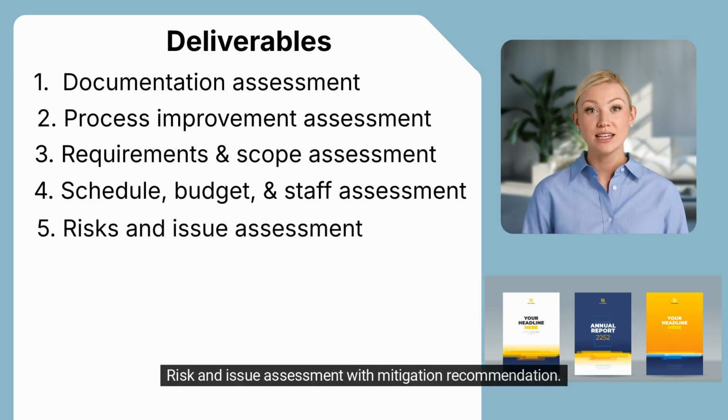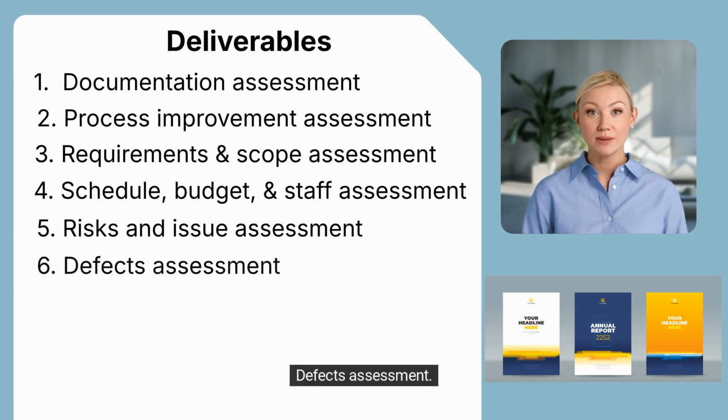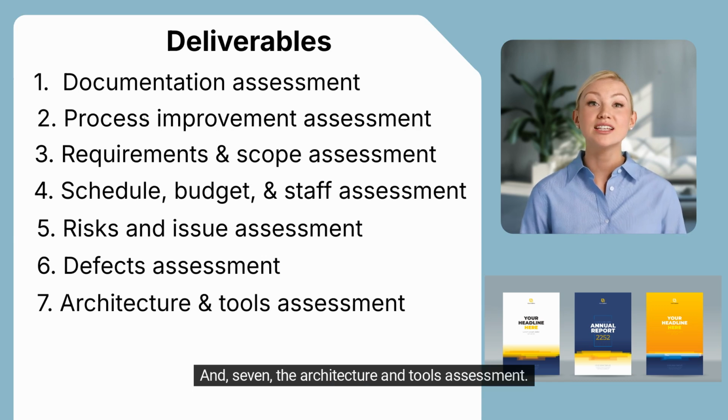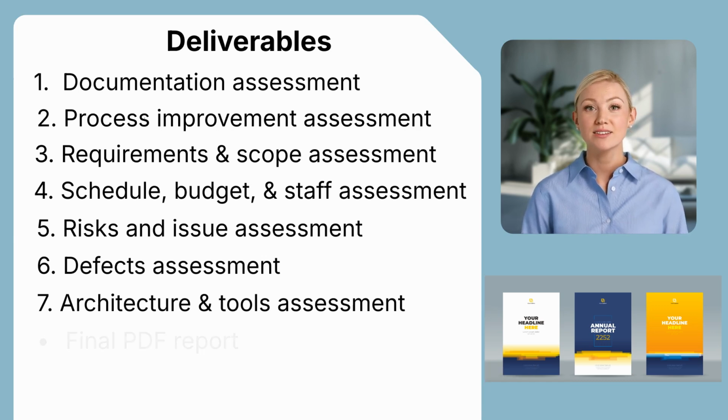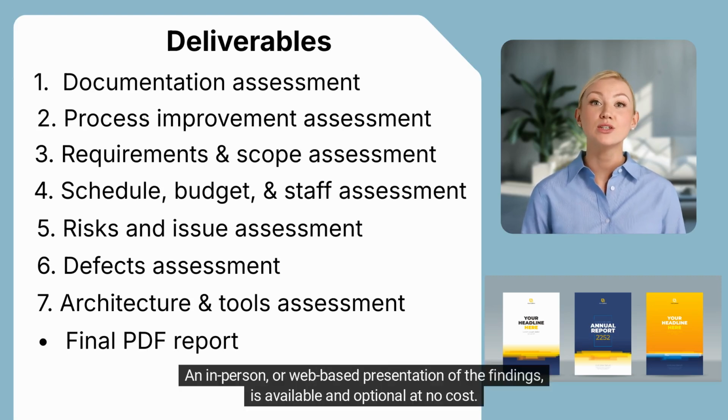Risk and issue assessment with mitigation recommendation. 6. Defects assessment. And 7. The architecture and tools assessment. All the assessments, along with an executive summary and conclusions, are consolidated into a final PDF report. An in-person or web-based presentation of the findings is available and optional at no cost.